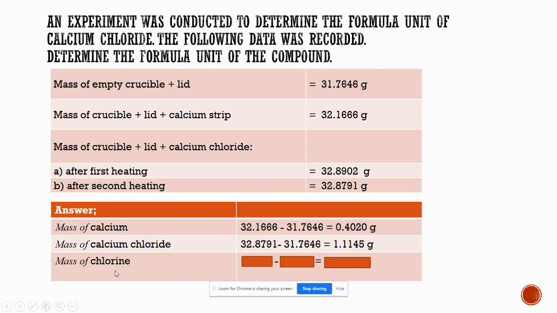Then calculate the mass of chlorine. We take the mass of calcium chloride minus the mass of calcium. So the mass of chlorine is equal to 0.7125 gram.